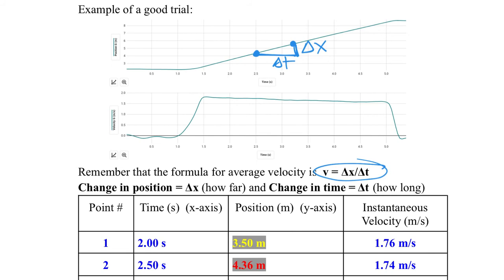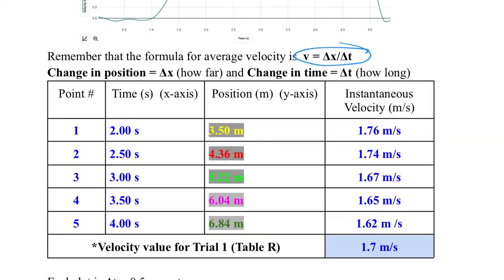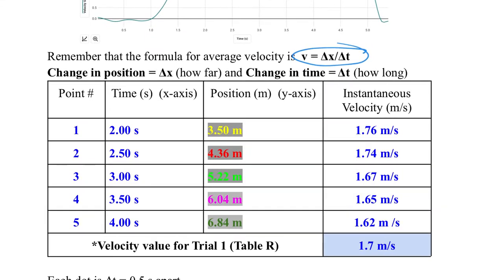Or is that the first time you put it together? Which is fine. So the change in position, how far, delta x, and the change in time, delta t, how long, that comparison is how we get those velocities. So let's calculate and look at the delta t's and then the delta x's and see what happens.